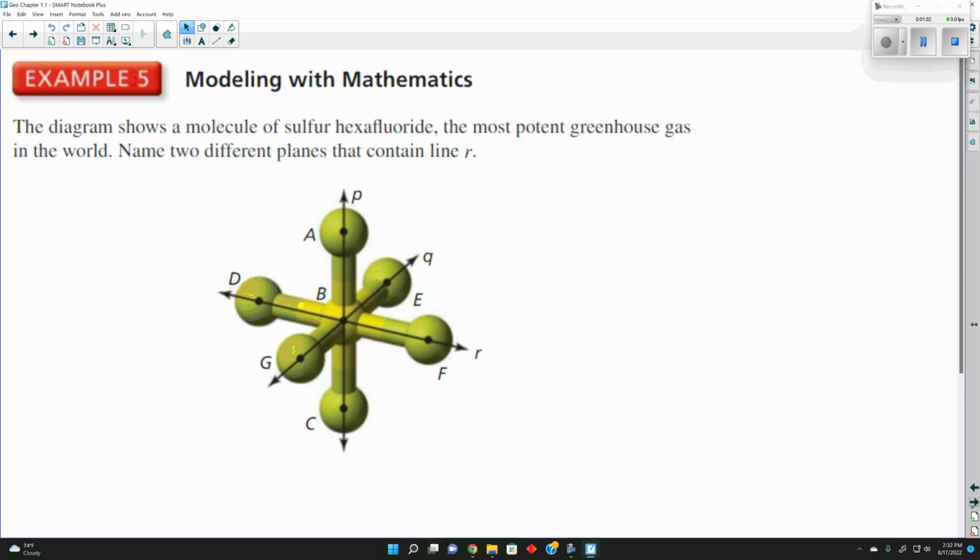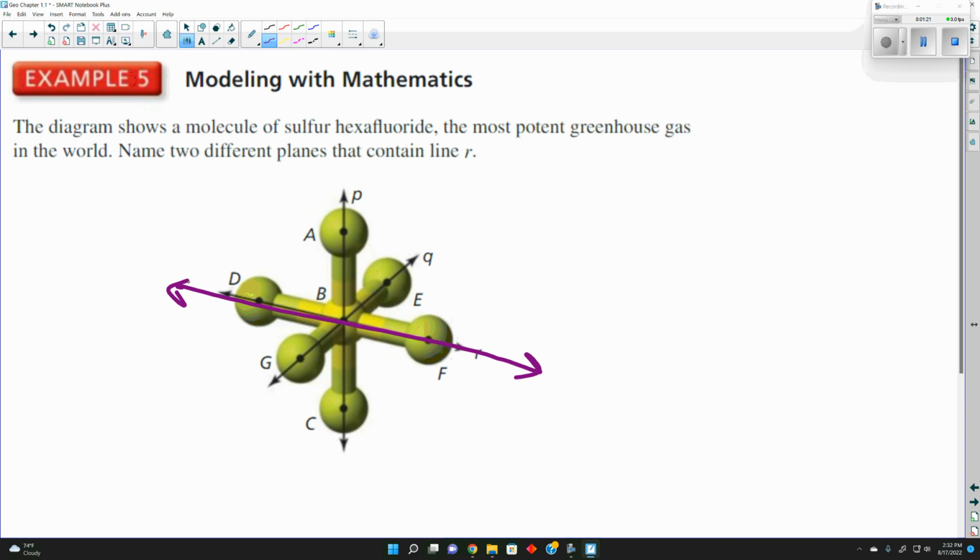So if we look at this here, line R, well, it'd help if I can use a drawing utensil, is this line here. Now for this diagram, did they actually give us a plane?